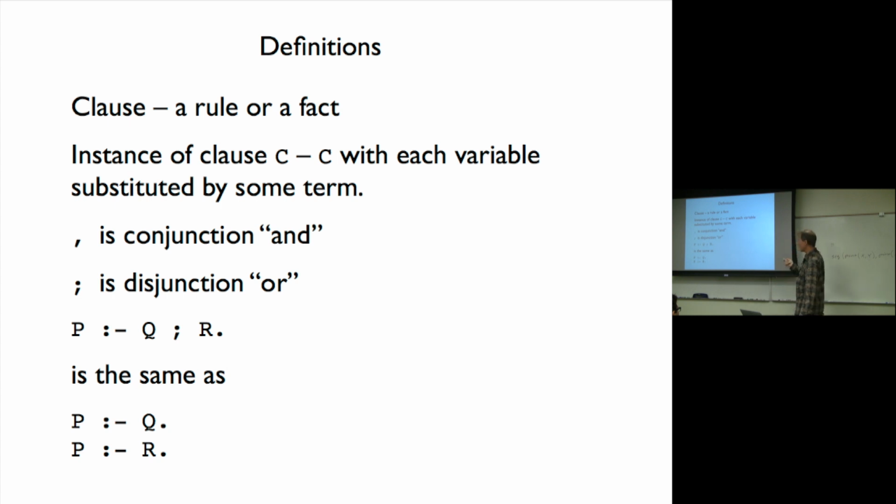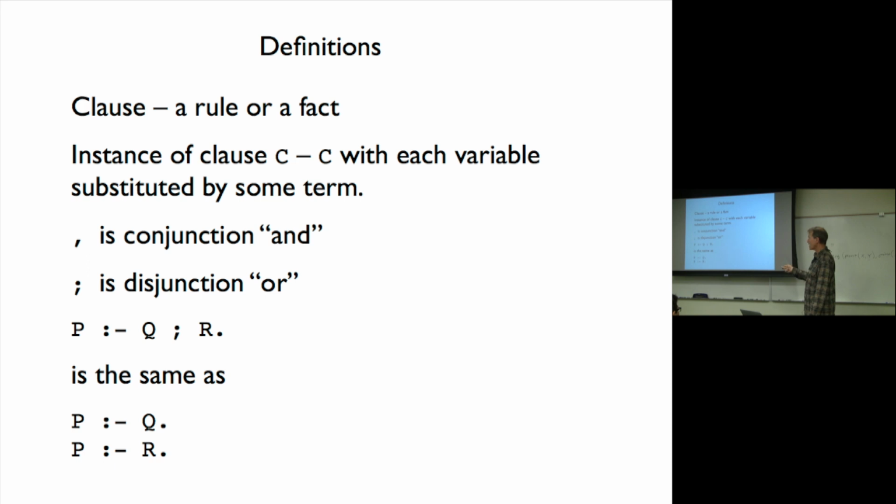Okay, so now here's some vocab definitions. A clause is a rule or a fact. I think we've used the word clause before. An instance of a clause C is C with each variable substituted by some term. And then comma is conjunction, that's and. Now semicolon is disjunction, and that's or.